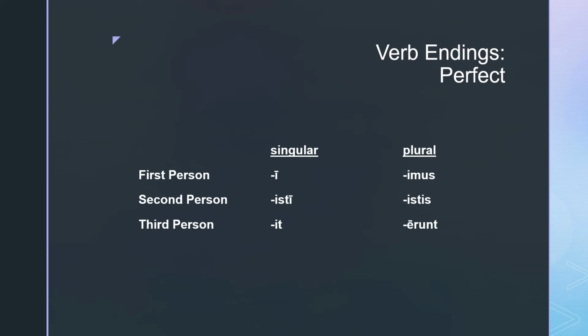You can see the NT on the third person plural, erunt. And then you see the MUS and the TIS. So the first person singular and the second person singular are a little bit different. That's where it varies from the present tense, imperfect, and future tense endings.